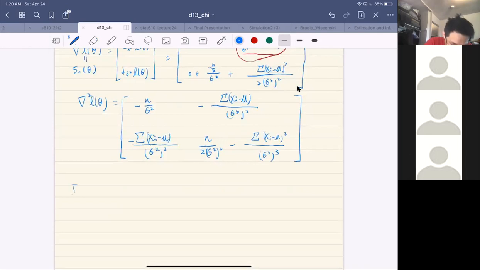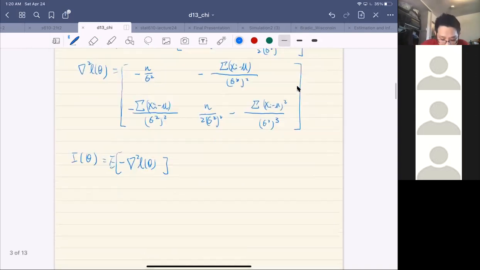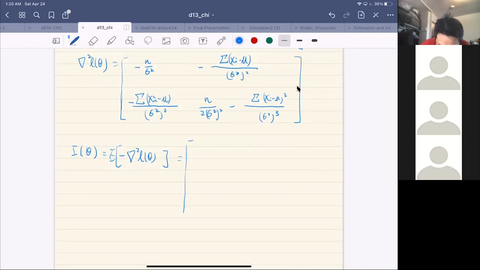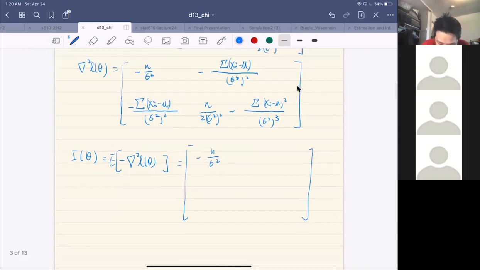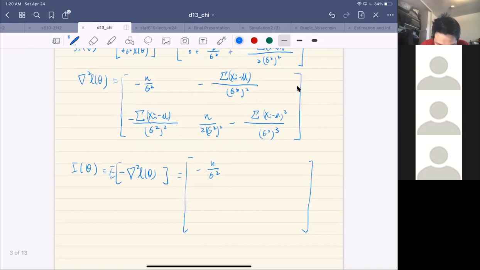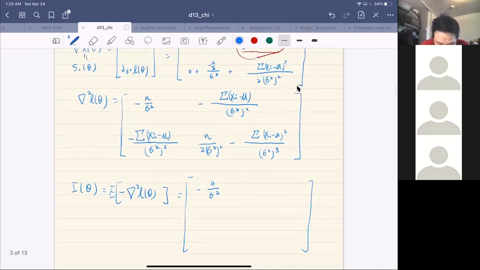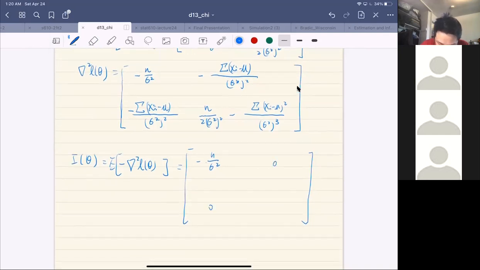And I theta, by definition, is equal to negative this, taking the average. You can see the first term is the same because it's a constant. The last is 0, and the off-diagonal is 0 because the average of x_i is mu.